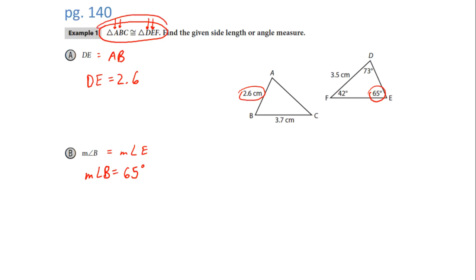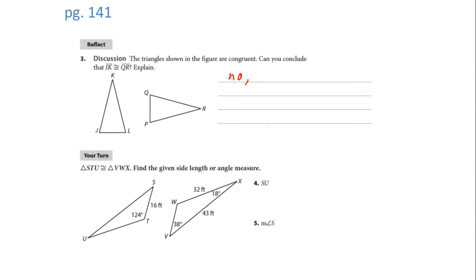We were given the statement to tell us what matches up with what. In this example, we don't have a congruence statement. We don't know that JK goes to QR. Maybe JK goes to PR. I don't know. The point is, no, we don't know they're congruent because no congruence statement is given.